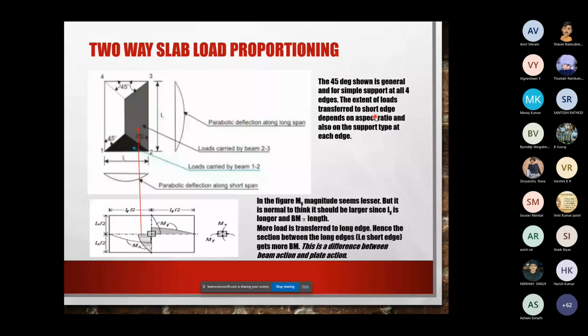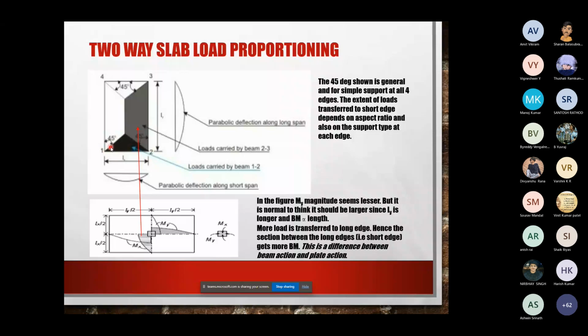So what I can ask you, for example, is this is a rectangle. Say that the length by breadth ratio is 2. And you have a certain load coming on this beam. Let me say that instead of a rectangle, I have a square. Then what do you think will happen?